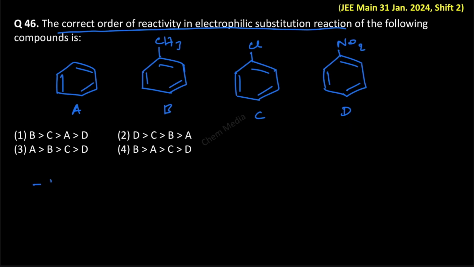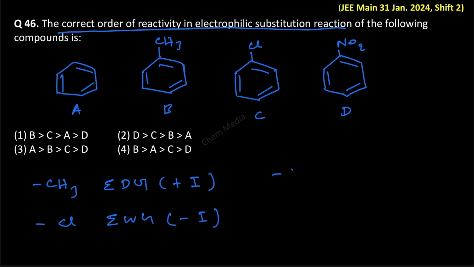We know that methyl group is an electron donating group with a positive inductive effect, whereas chlorine is an electron withdrawing group with a negative inductive effect. There will be a slight amount of positive mesomeric effect, but the negative inductive effect outweighs the positive mesomeric effect.